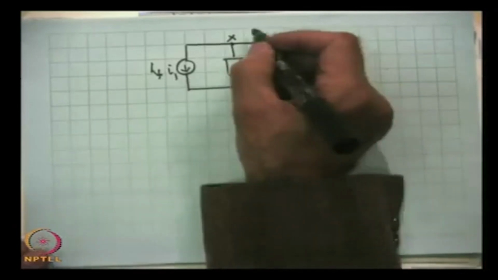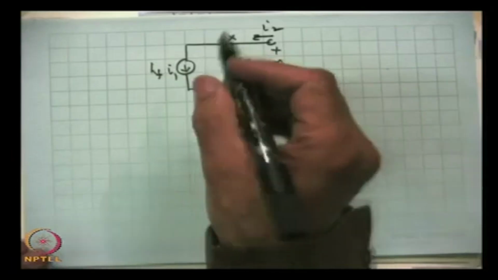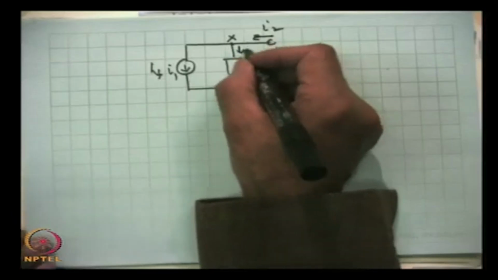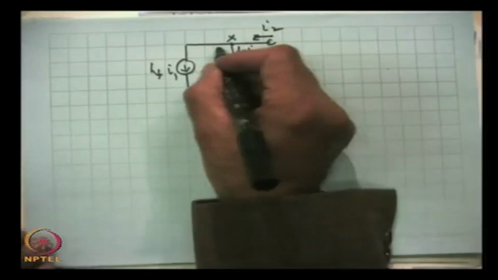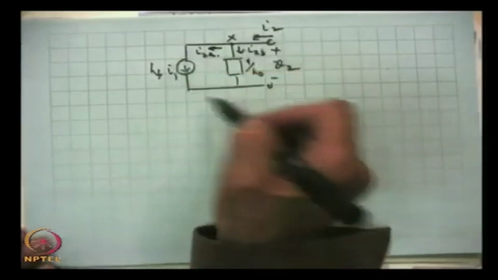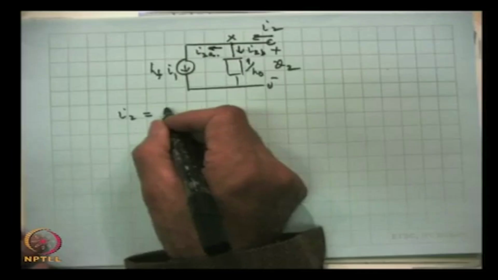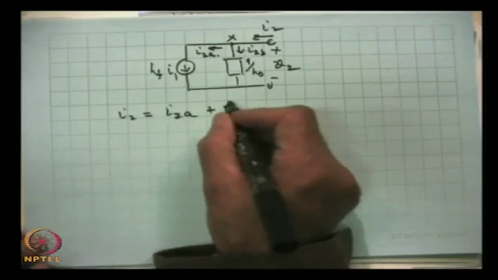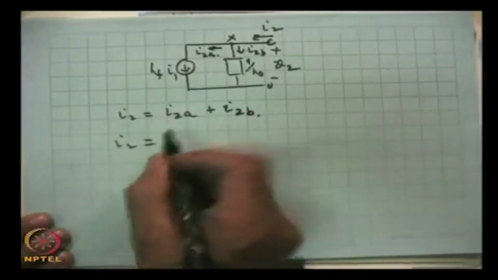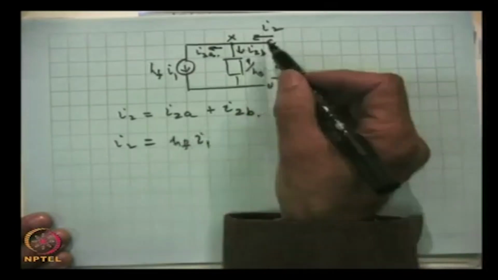Now, this current I2 will be divided into two branches here. So, this is I2B and this is current I2A. Then simple summation gives that I2 is equal to I2A plus I2B, and I2A is given by H F I1.